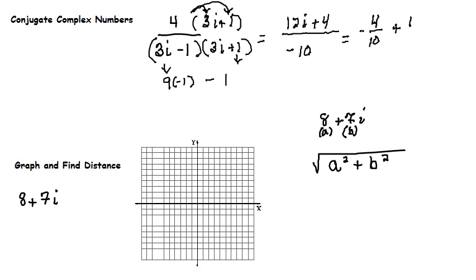And a positive 12i over the negative 10. Going to do a little rewriting, a little bit of simplifying. So this is going to give us a negative 2 over 5 minus, let's see, divide everybody by a 2, so a 6 over 5 and an i.